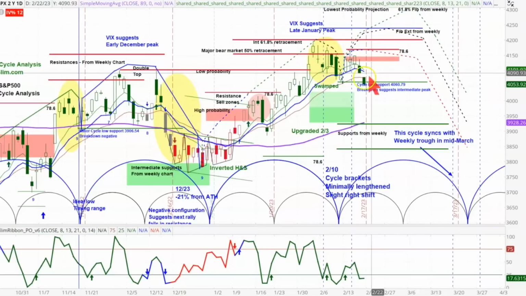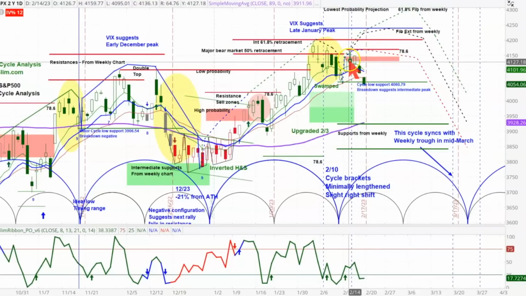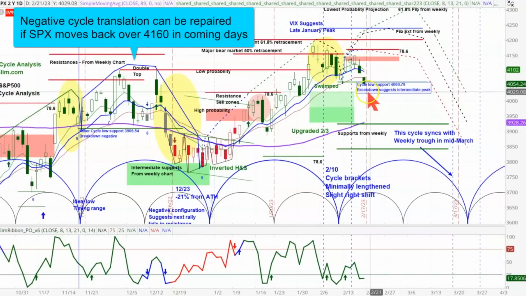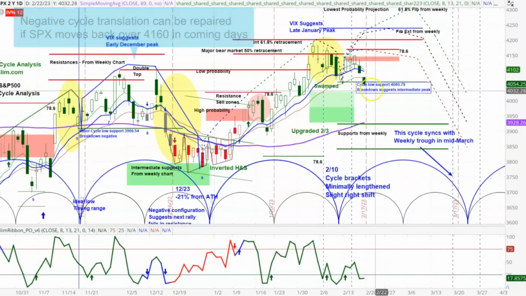The only way to change this would be if the market was able to rally above that high at about 41.60. That would heal this condition and tell us that this was false.